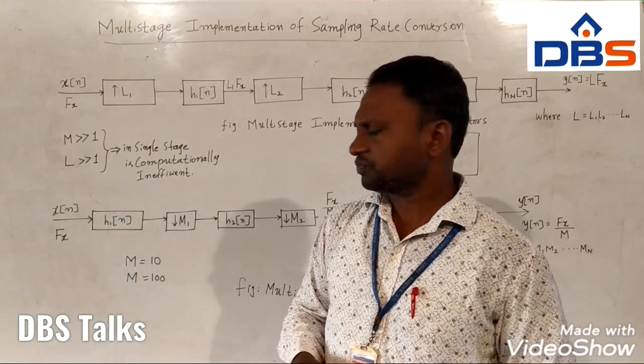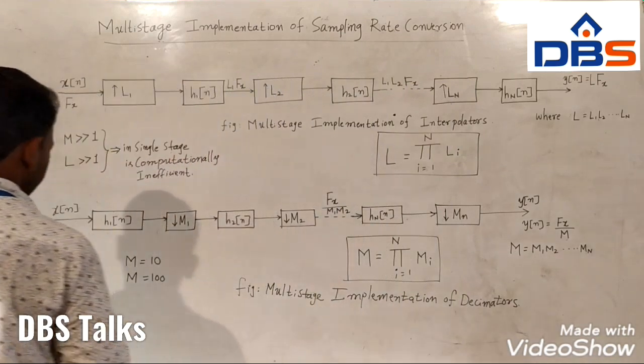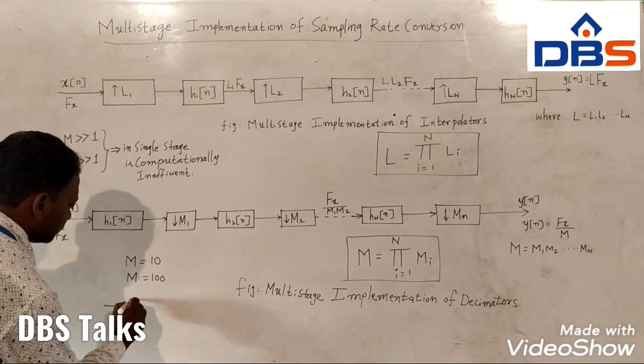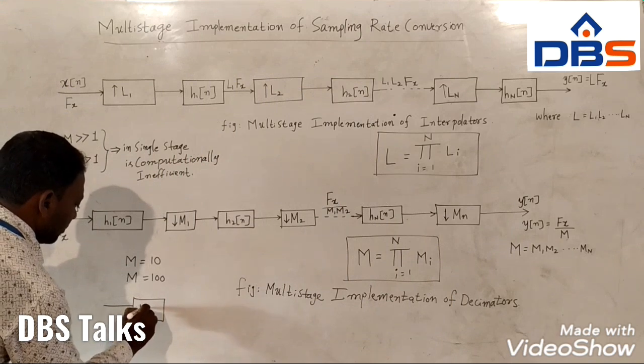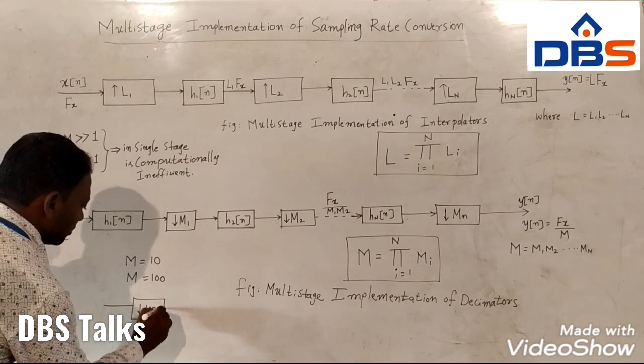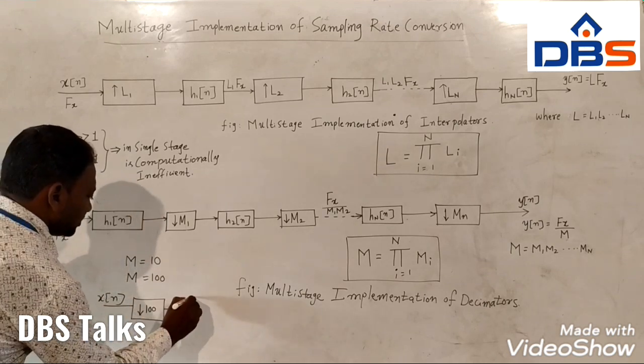In that case, implementing directly in one stage, suppose I want to down convert by 100, where this is x of n and this is y of n.